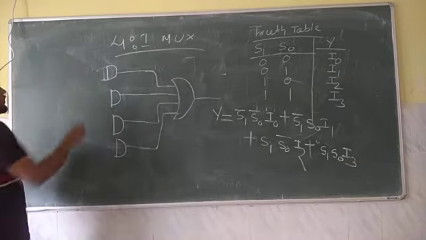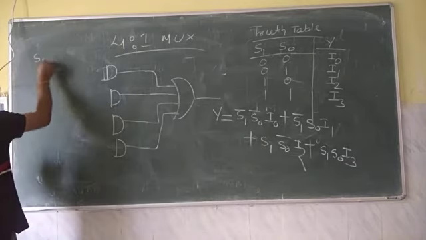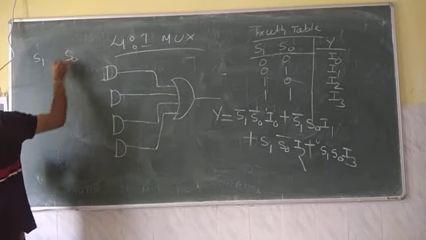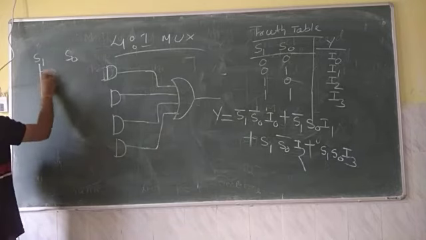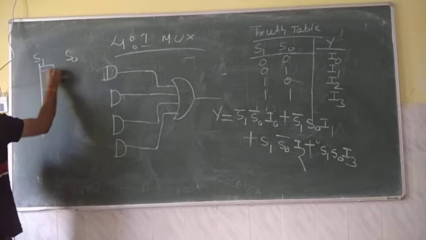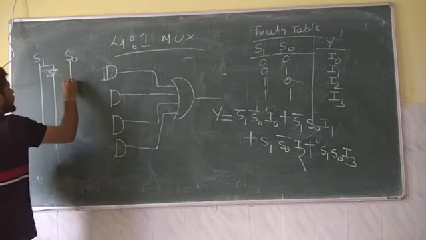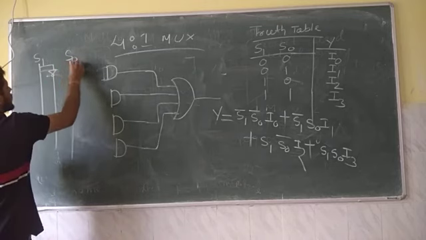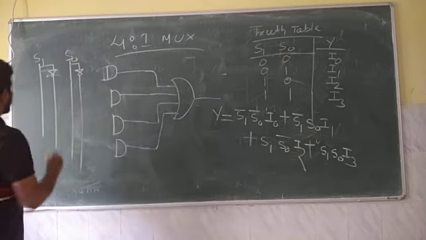Now we have two input lines, S1 and S0, and we need one complement also. Then how to connect this?